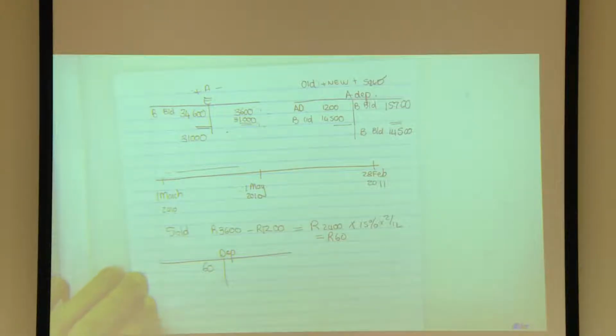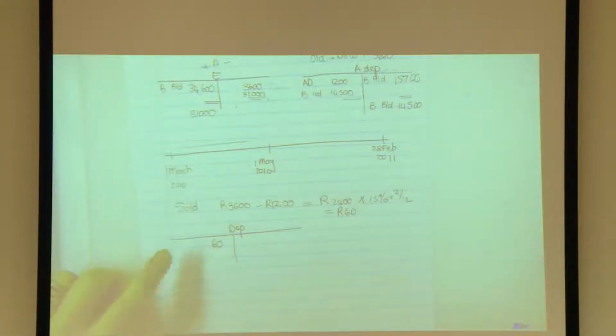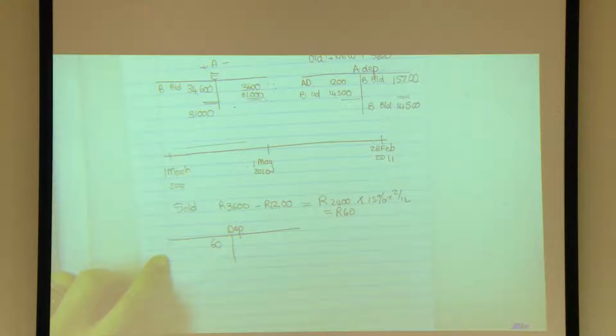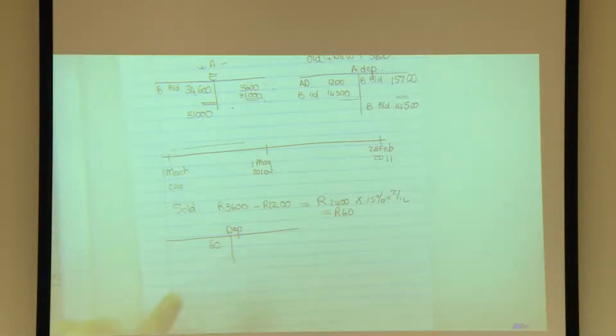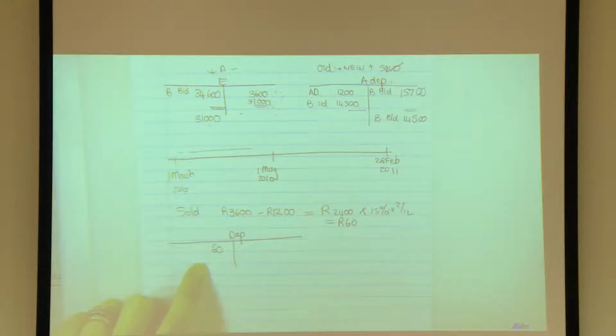So write it in brackets. In your income statement, depreciation, what is your first entry? 60. Right.